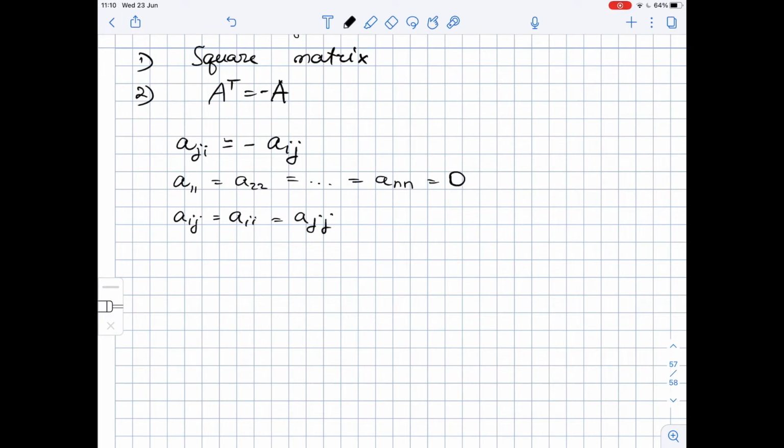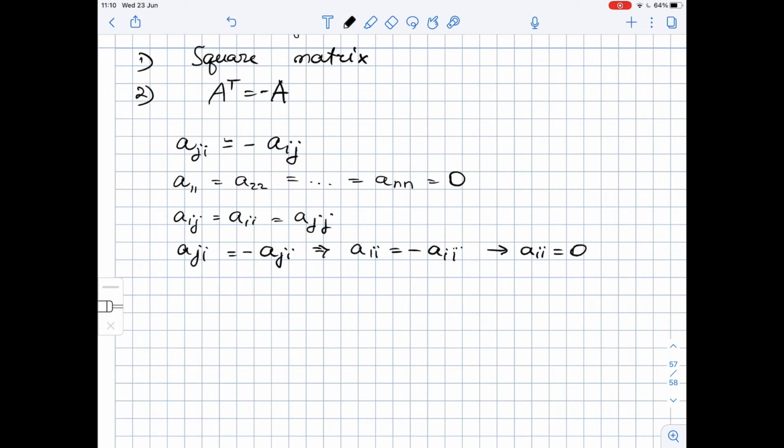And if it's a skew-symmetric matrix, then a_ii equals negative a_ii, and that means that a_ii equals 0. So that's why all diagonal entries of a skew-symmetric matrix equal 0.